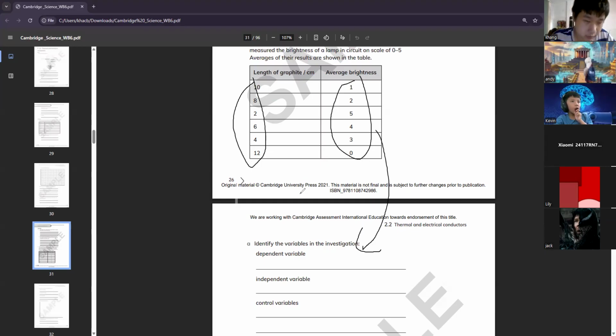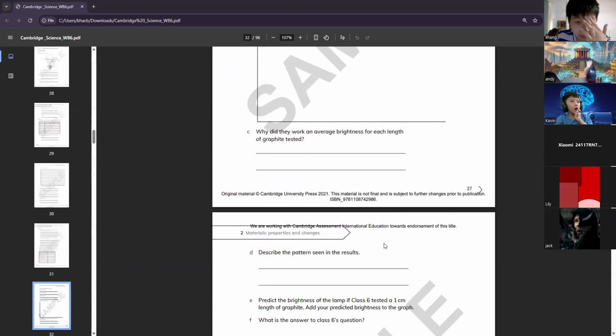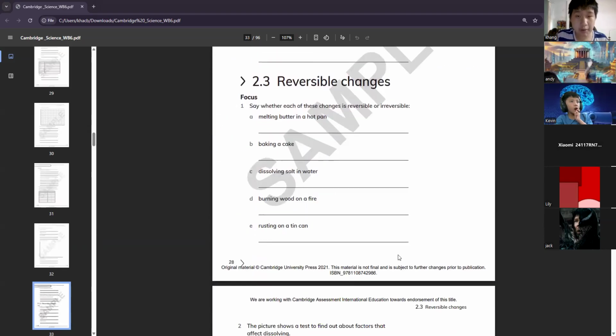Independent variables are the ones that you can change in an experiment. The control variables you can't change, but you need to keep them the same so that the results can be fair.